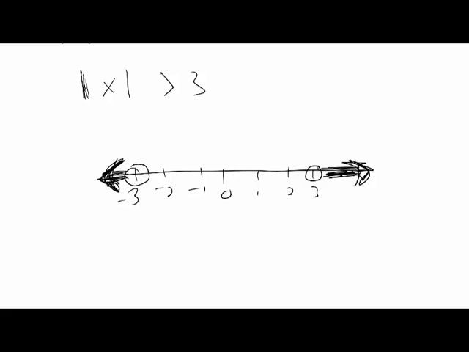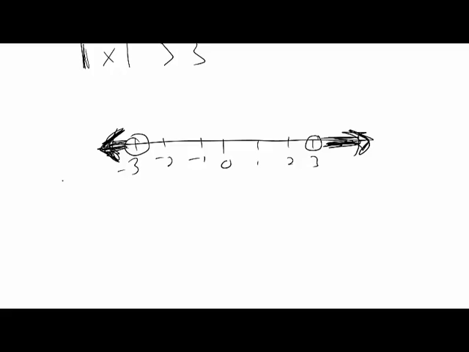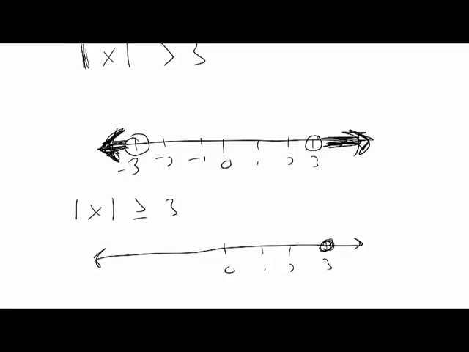Right? And that's what it would look like on a number line. But if you had x is greater than or equal to 3, and you draw it out on the number line, you'd say 0, 1, 2, 3, and then you have a closed circle, and you fill in everything to the right of it. And you say -1, -2, -3, you have a closed circle, and you say everything to the left of it is an answer choice.